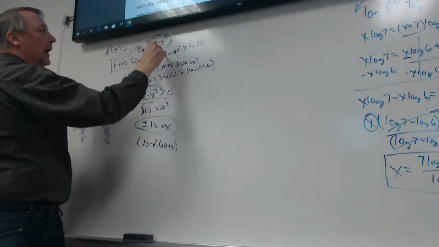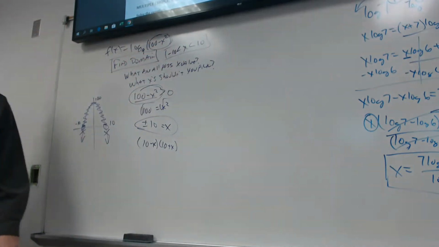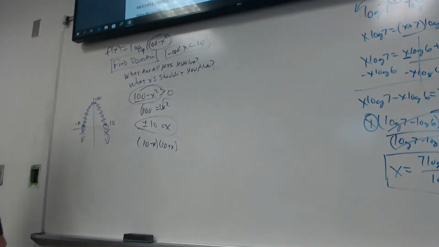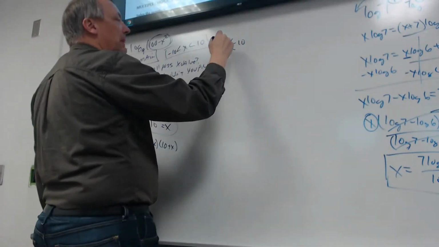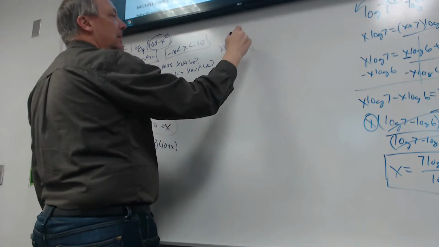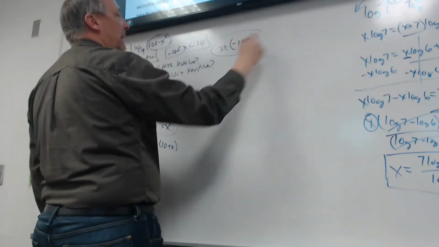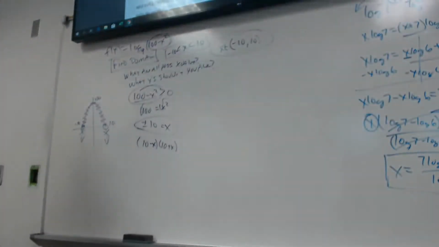How would you write that in interval notation? Negative 10 parentheses, 10 parentheses. Okay? I'll be happy with either answer. I'll be even happier with the correct answer.